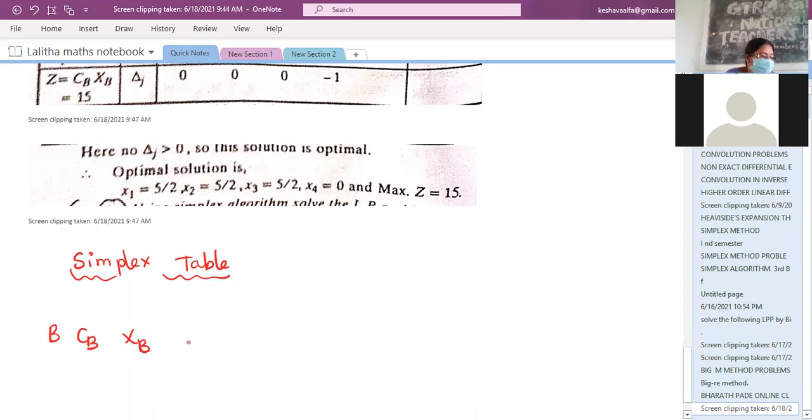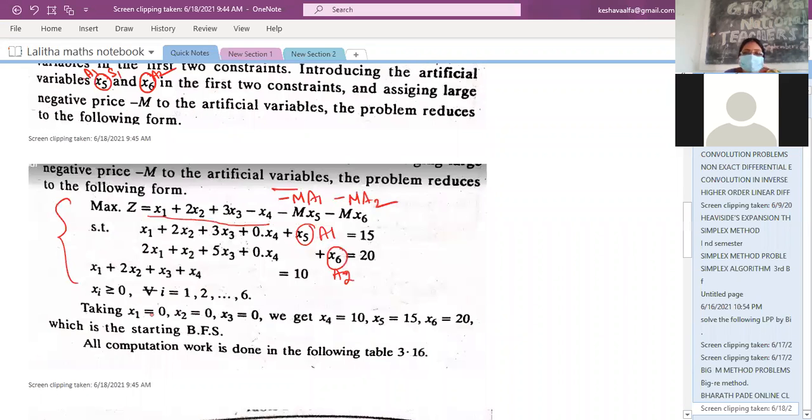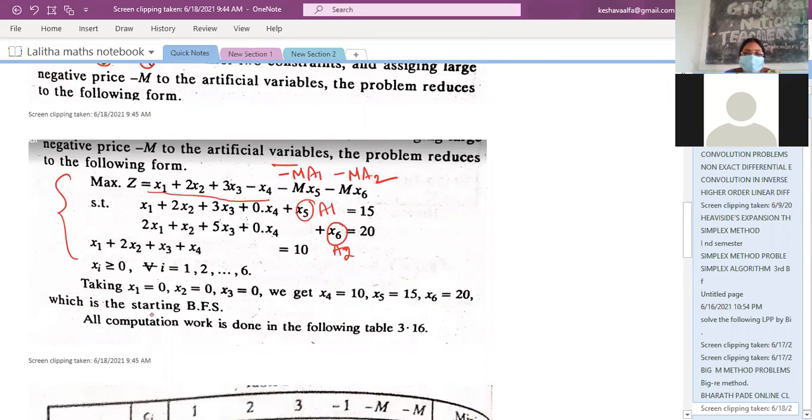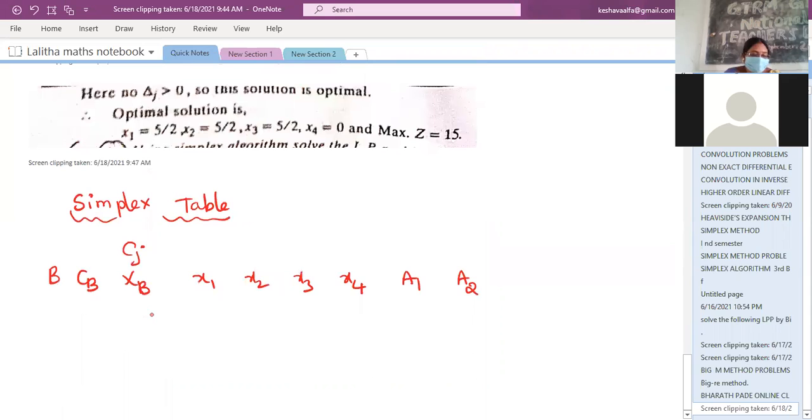The total variables are x1, x2, x3, x4, and the artificial variables a1 and a2. So, the objective function Cj. What is our objective function? The objective function is x1 plus 2x2 plus 3x3 minus x4. So write the coefficients of the objective function in the Cj row.